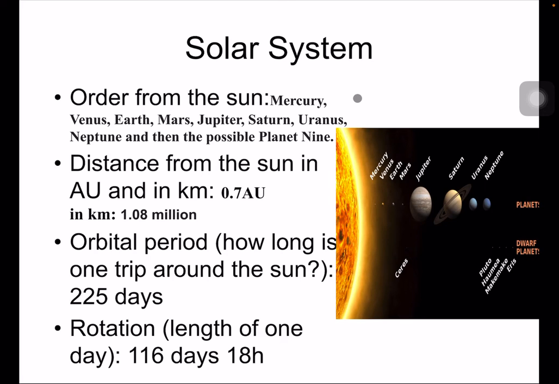The orbital period of Venus is about 225 days. The rotation period of Venus is about 116 days and 18 hours.